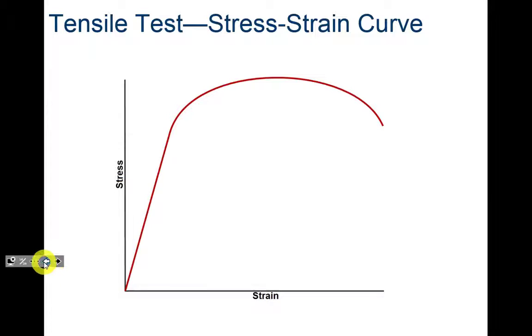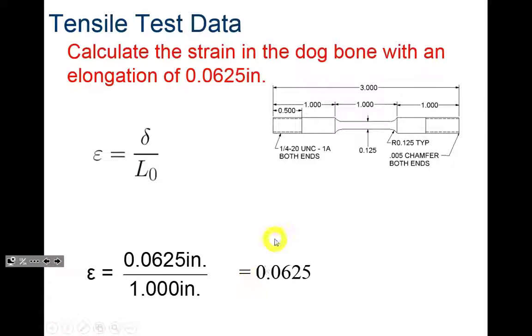And let's go ahead and do this example. 0.0625 inches over 1 inch of original length, and we have a strain of 0.0625. Normally we would cancel these units. A lot of times you'll see the answer actually written as inches per inch. And if you think about it, this sample stretched 0.0625 inches per every inch of material.